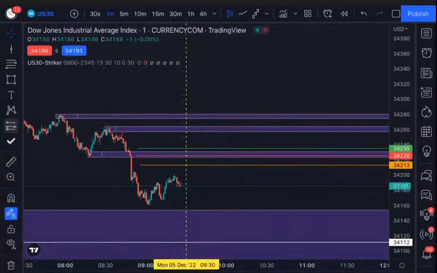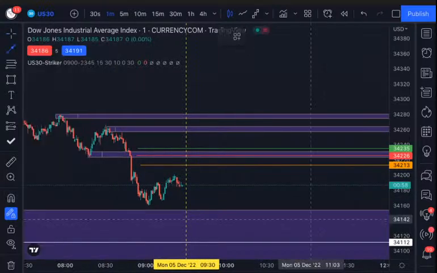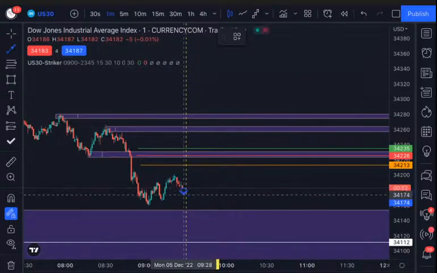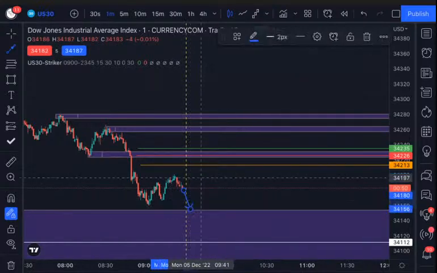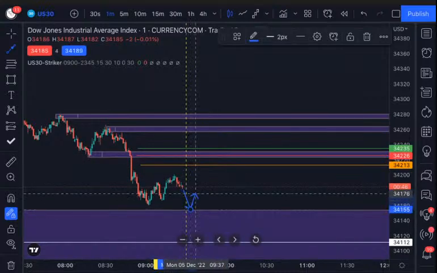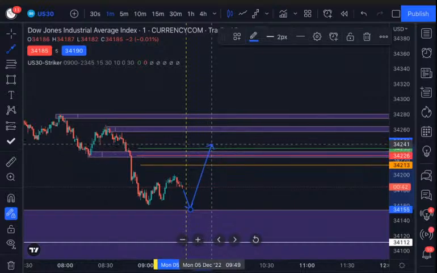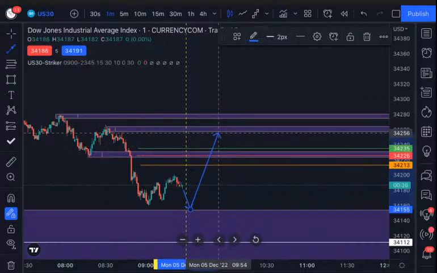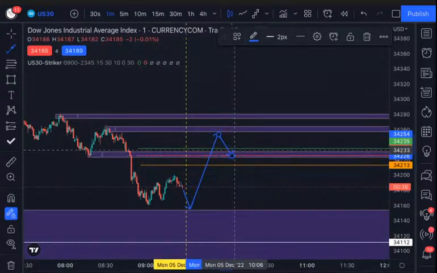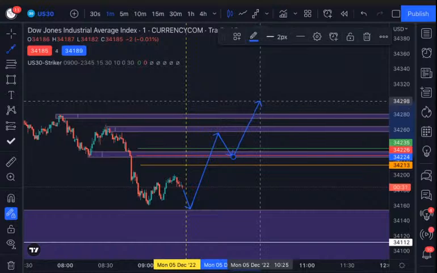So what we could be looking for possibly is price might come down, then come back up. It may reach all the way up here, come down, then continue upwards.